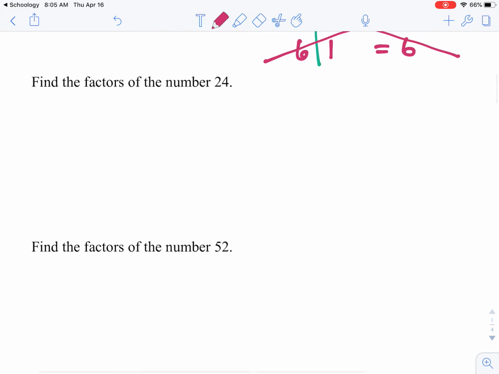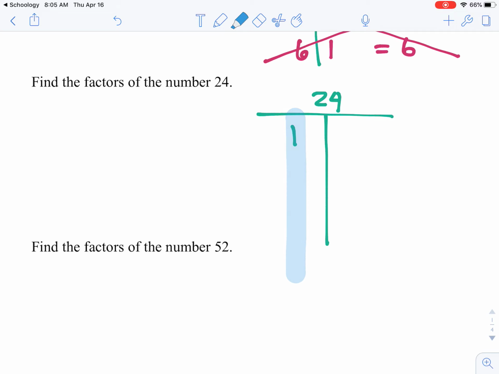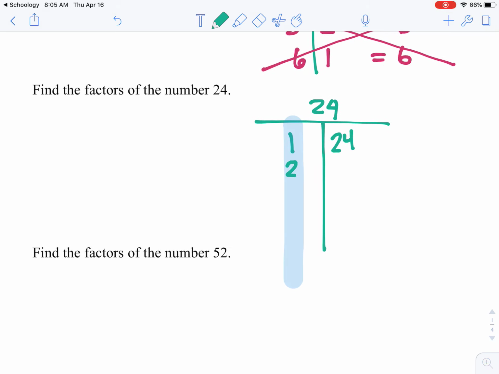All right, let's go to the next example, which is 24. So I'm looking for factors of the number 24. So I start in this column here. I always start with the low number 1, and then I go up. So I have 1 and 24. And then I'm going to look at the number 2. 2 times 12 is 24.